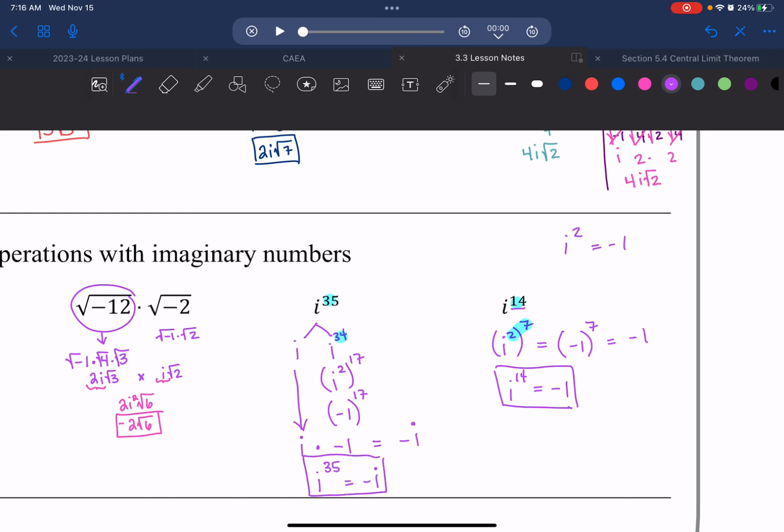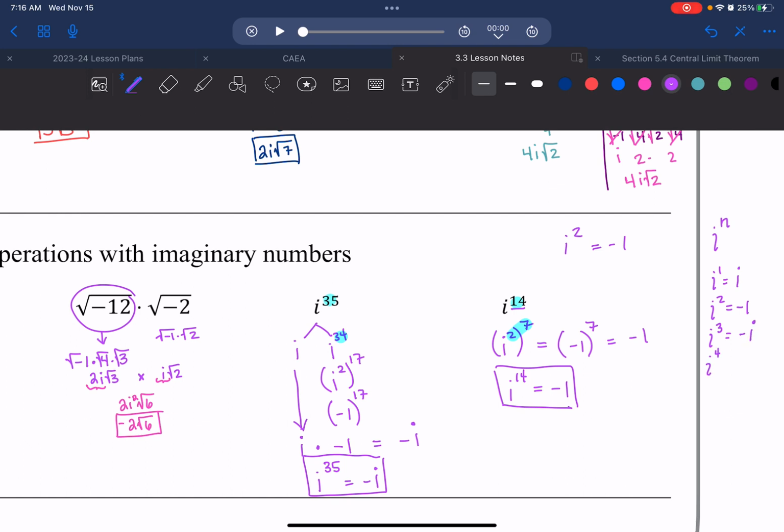Anytime you take i to any power, whatever it is, you're going to get 4 choices as an answer. If it would be i to the 1st power, that would simply give me i. i to the 2nd power will give me -1. i to the 3rd power is going to factor out an i and leave me with i squared, so that's going to give me -i.